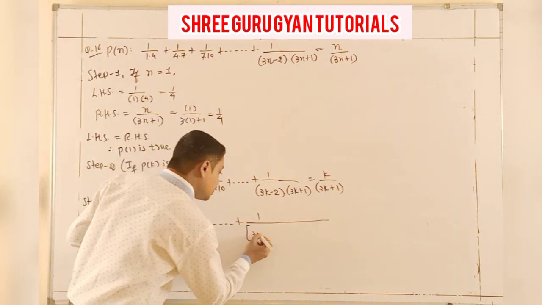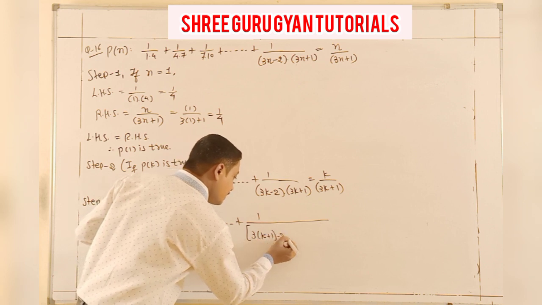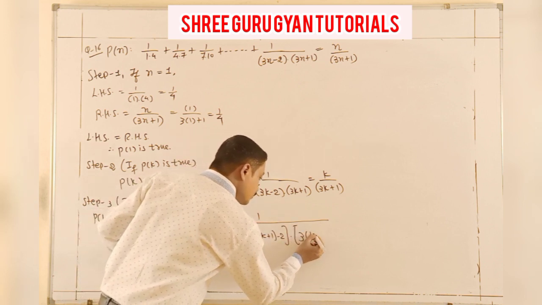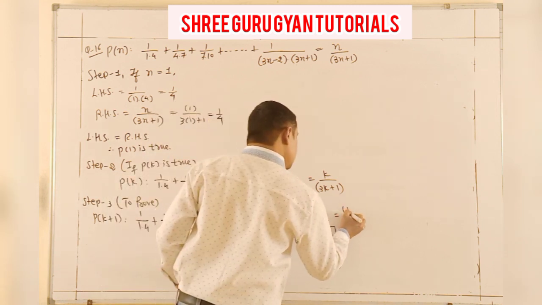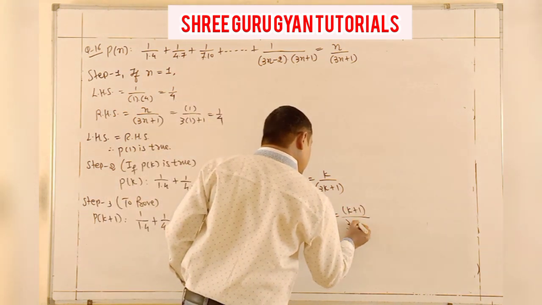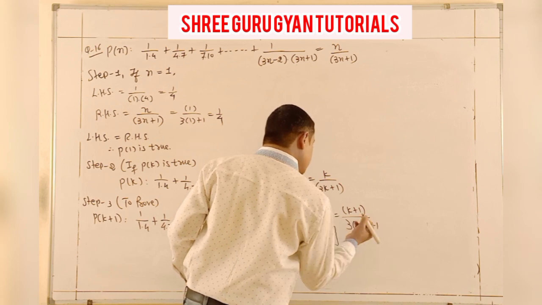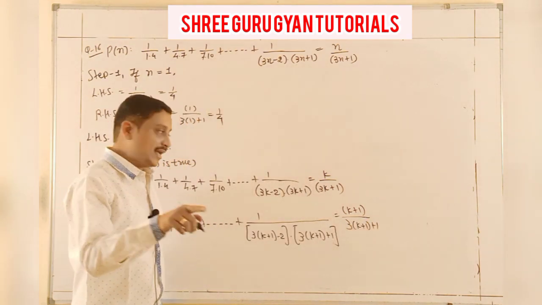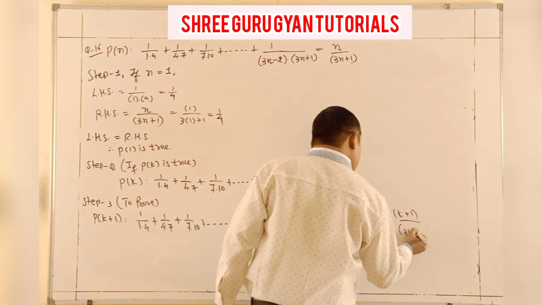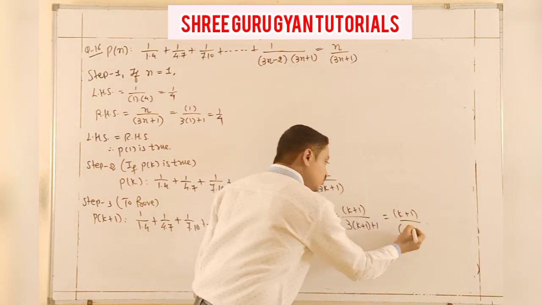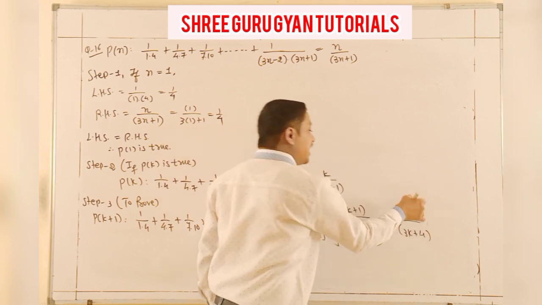So here 3 times k plus 1 minus 2, here plus 1, is equal to what? K plus 1 by 3, k plus 1 plus 1. Indirectly we are checking that it is k plus 1 by how much? 3 plus 1, 4, and that's my last target.